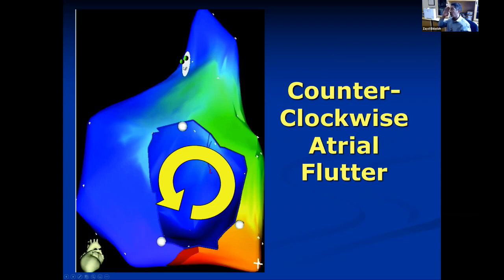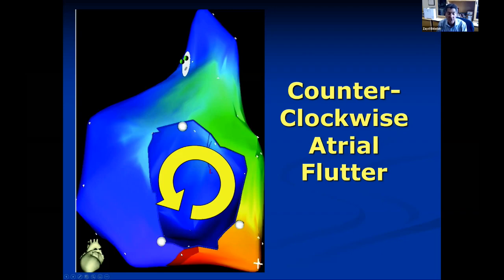So you're looking at the heart with the face looking this way, and you're looking at the heart from this approach, sort of a left-sided approach looking at the right atrium. And what you're seeing here is this hole, this blue area, is the tricuspid valve. And the color coding shows electrical activity from earliest, represented in red, to latest, represented in blue, with shades of red, then yellow, then green, then blue, demonstrating early, later, later, later, later, latest.